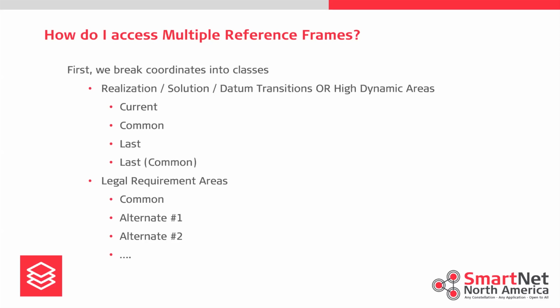And now we've had to add one, which is last common, because we will have an NCRS1 for anybody that's currently using the epoch 2010 in California. We give you a path to get those same coordinates still again, but we also have to have the current adopted standard as well. And legal requirements, we talk about them as common, alternate 1, alternate 2, et cetera, et cetera, et cetera.